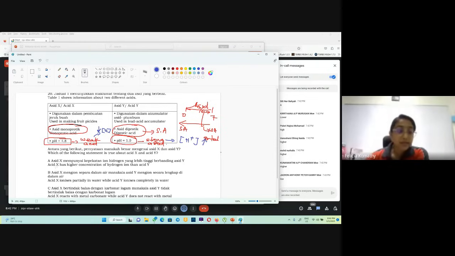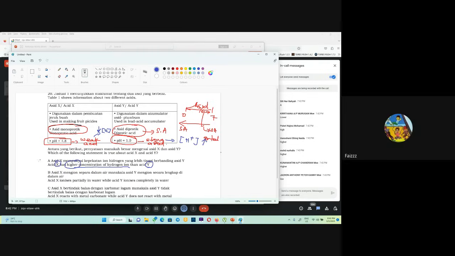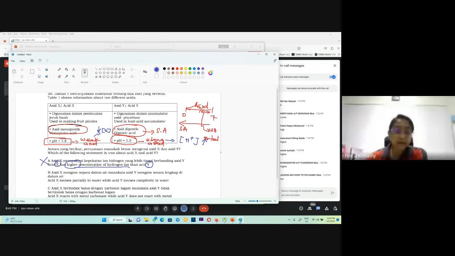Okay, now, acid X has higher concentration of hydrogen ion than acid Y. Pastikan anda lihat pada acid yang betul ya. Jangan get confused. So, X is weak acid, you already know this is low. Tapi dia kata higher. Betul ke? Salah. Okay, lihat pada B sekarang.